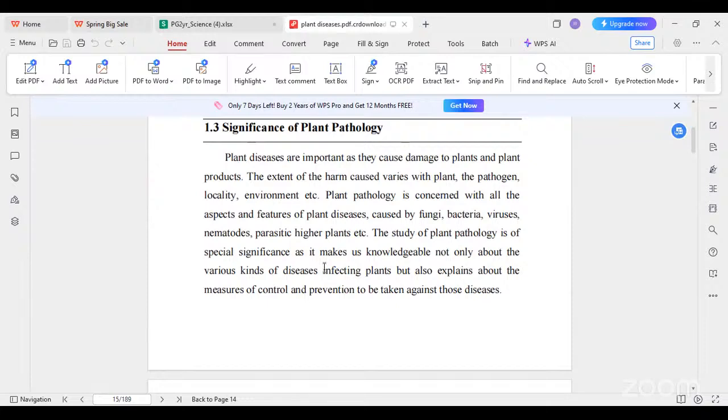These include fungi, bacteria, viruses, nematodes, and parasitic higher plants. The study of plant pathology is of special significance as it gives us knowledge not only about the various kinds of diseases infecting plants, but also about the measures of control and prevention to be taken against those diseases.